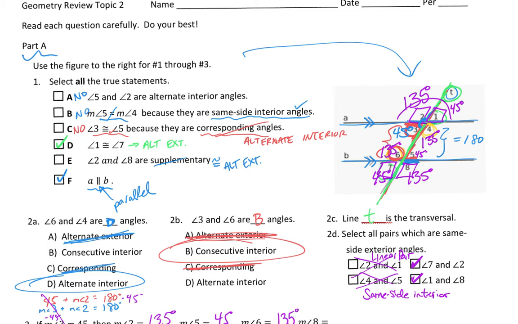Angle 8, there's no direct relationship between 3 and angle 8, but I've done all the work, and I see that angle 8 is 135 degrees. I had to get there in a roundabout way, but that works.